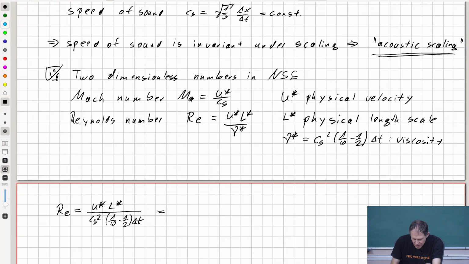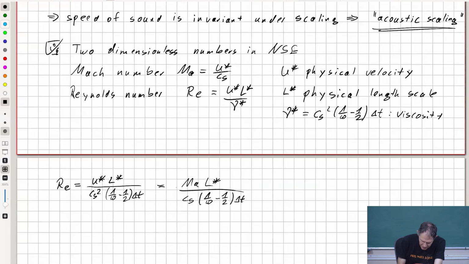We can actually replace this by the Mach number. Okay, did I do this correctly? U is the Mach number times Cs, so we can replace this by the Mach number L asterisk Cs, now without L square minus 1/2 into delta t.